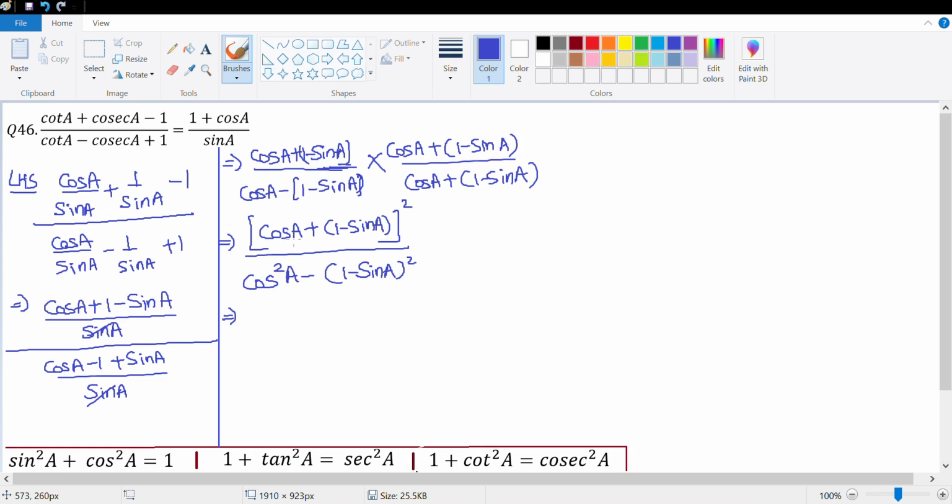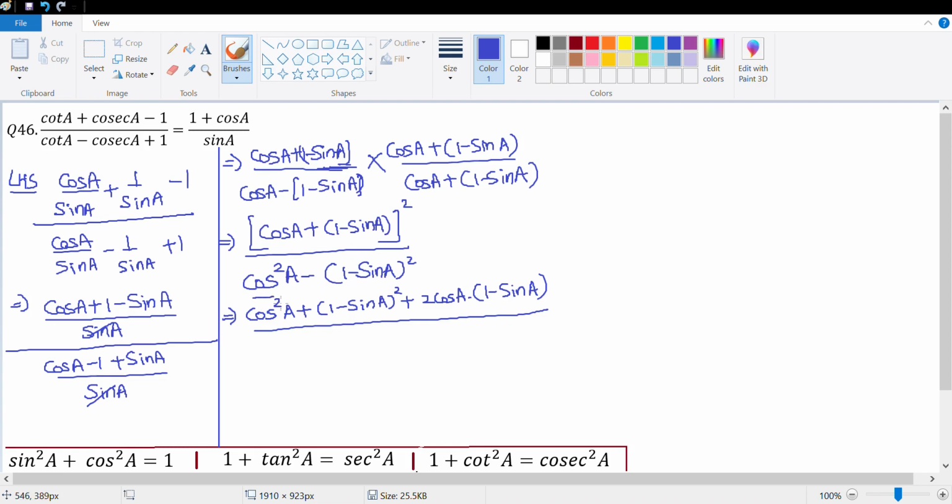This is in the form x plus y whole square. So what I get is x square, which is cos square A plus y square, which is 1 minus sine A whole square, plus 2 times cos A times 1 minus sine A. And the denominator is in the form cos square A minus 1 minus sine A whole square.